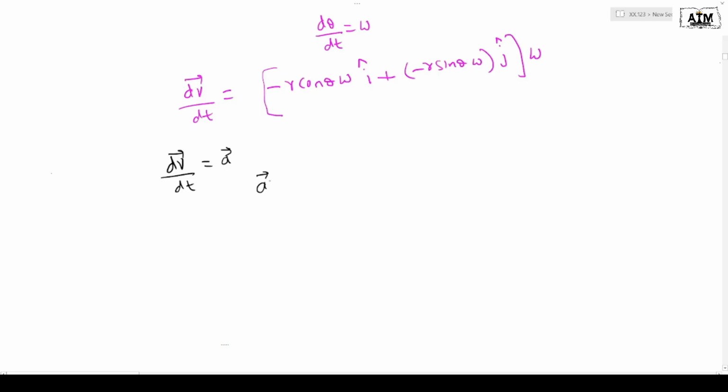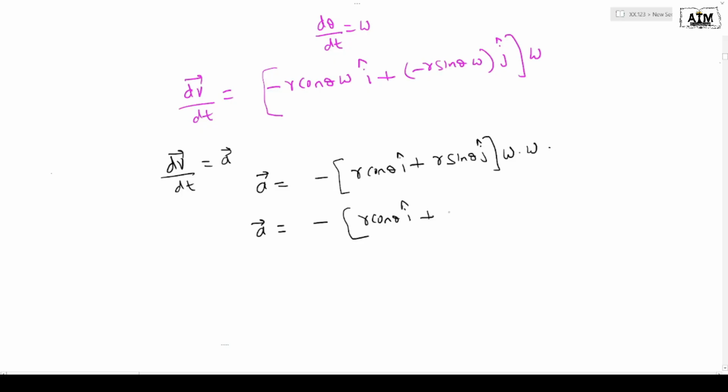So vector A equals, here a minus can be taken common, and omega as well can be taken common. So we have R cos theta i cap plus R sin theta j cap, and one omega is already present there. We again take the omega common. So we have vector A equals minus R cos theta i cap plus R sin theta j cap times omega square.